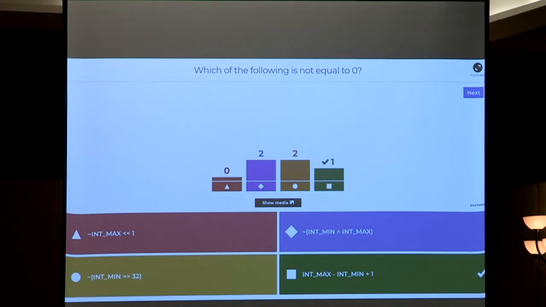All of these are integers. I'm pretty sure int max minus int min, it loops back around, and it will create positive 2, I'm pretty sure. Actually, now that I think of it, crap.